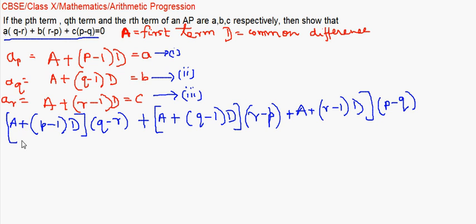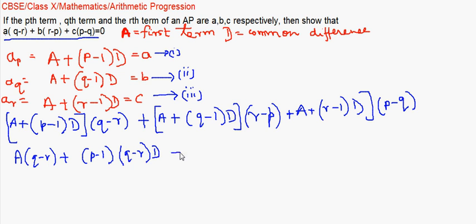Now for all of them, if I take up A multiplied to (Q minus R), and again D will be multiplied to (Q minus R), so that gives me (P minus 1)(Q minus R) D. This is the first part.